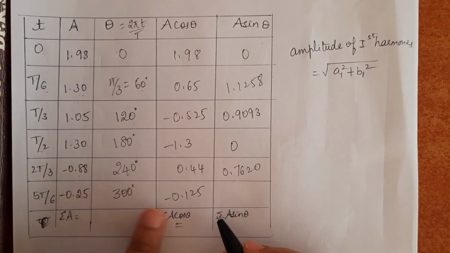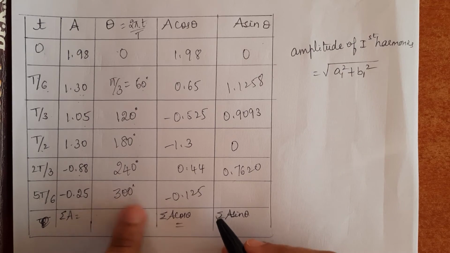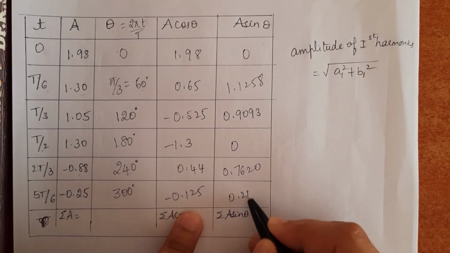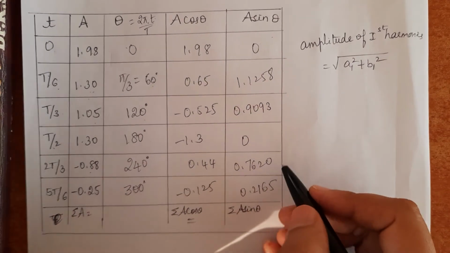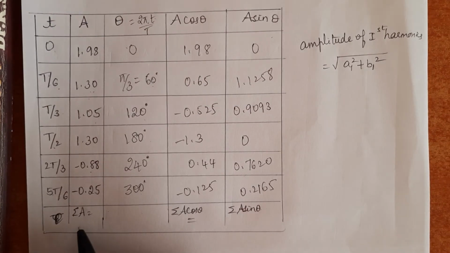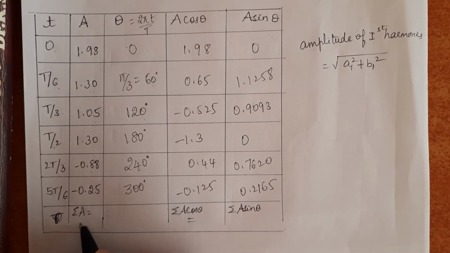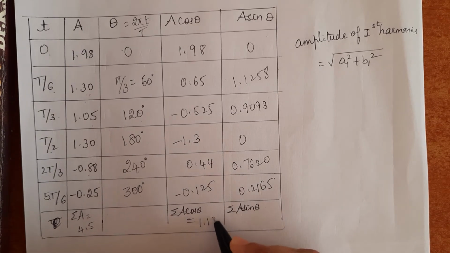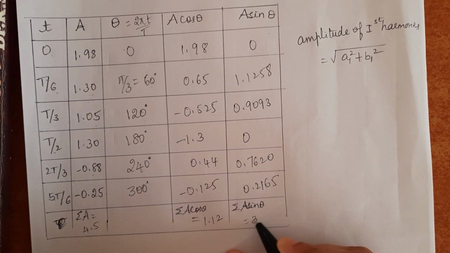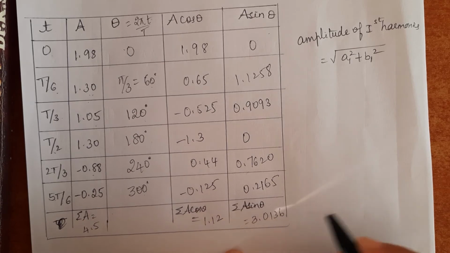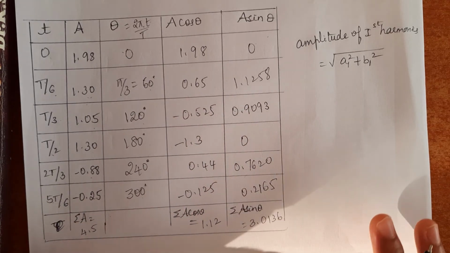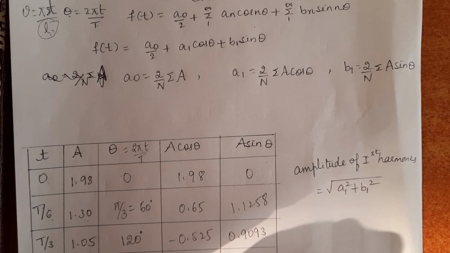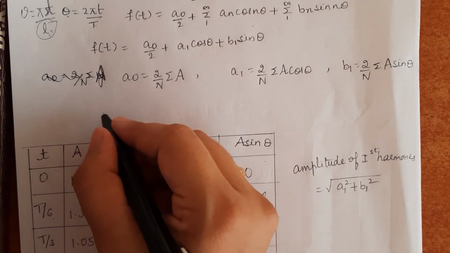Minus 0.25 into sin of 300 degree is 0.2165. Let me add all these values. I will get summation A as 4.5, summation A cos theta is 1.12, and summation A sin theta is 3.0136.